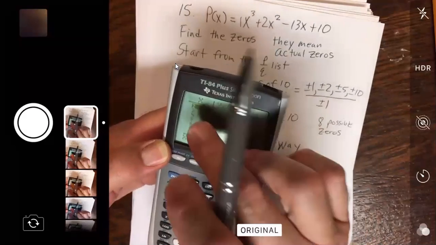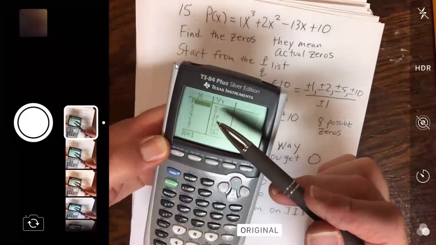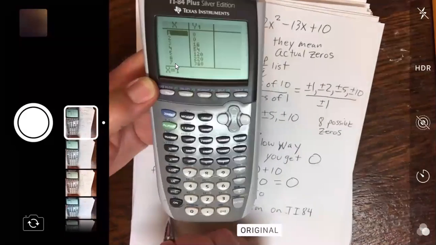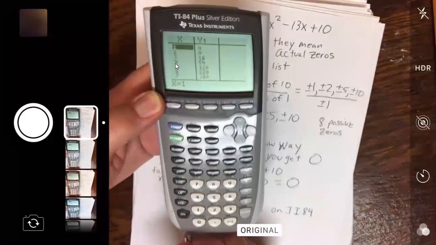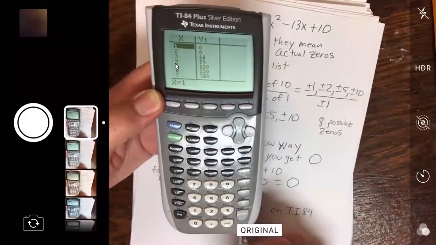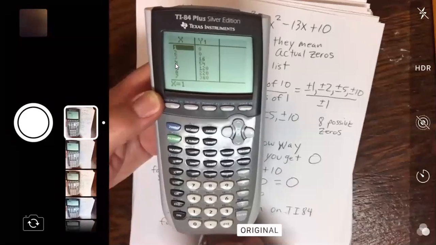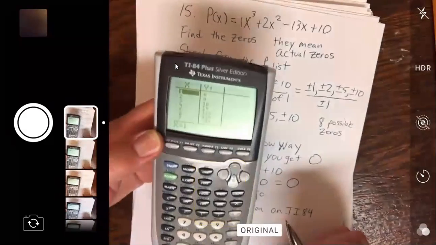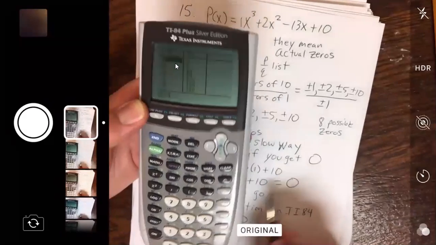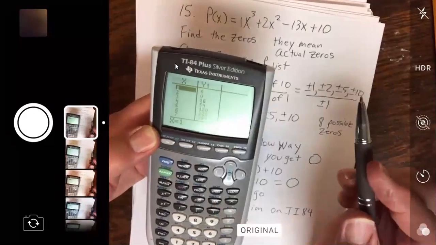At x equals 1, I get a 0. I hit a 0 at 2, so I also have a 0 at x equals 2. Its factor is x minus 2. And I did x equals 1 by hand, and sure enough, x equals 1 is a 0.